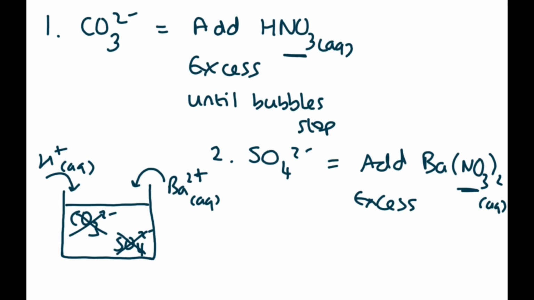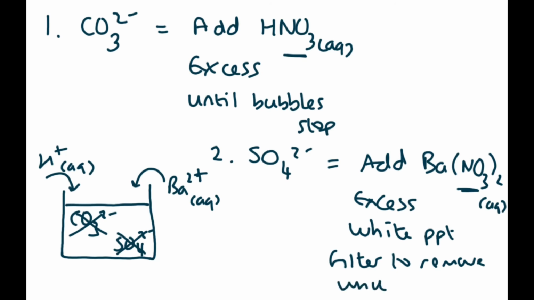Now the problem is now you've got a white precipitate. So what you have to do before you continue is you have to filter to remove the white precipitate, because that's going to cloud the results for the last test. Now the only thing you possibly can have in here now are halides.